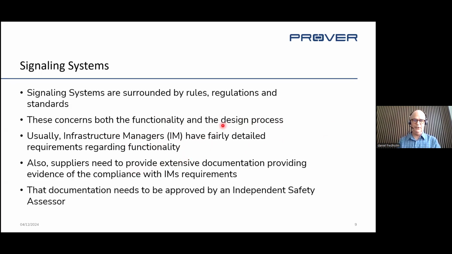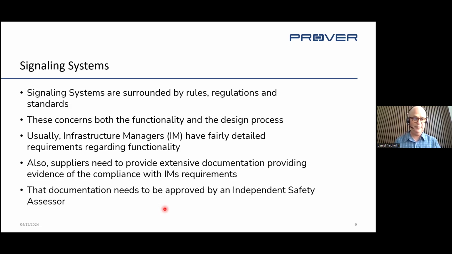And when it comes to this design process, what the suppliers of signaling systems actually need to do in order to comply, it is surprisingly a lot. In particular, it is surprisingly a lot of documentation that needs to be provided, since in principle what they have to provide is evidence that the system they deliver is actually in compliance with the requirements of the infrastructure manager.